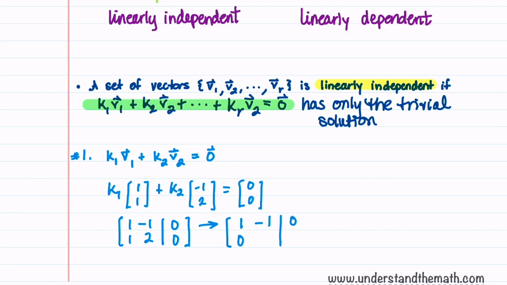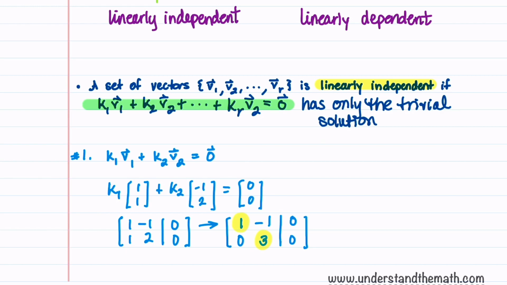Our second row is 0, 3, 0. We have a pivot in every column, so that means that k1 and k2 are going to equal 0, and we only have the trivial solution.